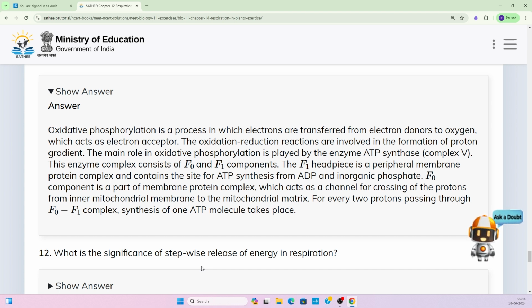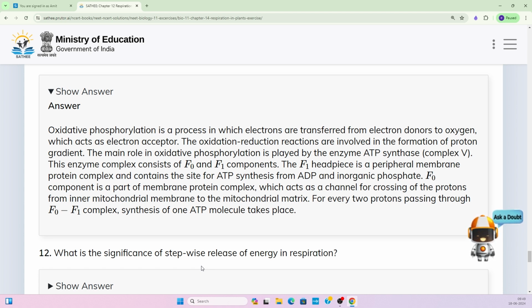This enzyme complex is made up of two components, F0 and F1. The F1 is the headpiece, a peripheral membrane protein complex, and it contains the site of ATP synthesis from ADP and inorganic phosphate.